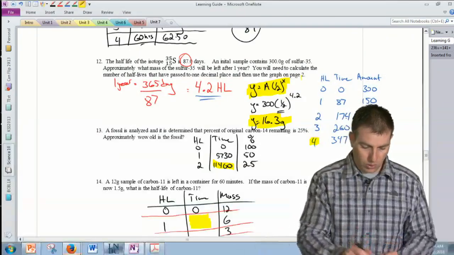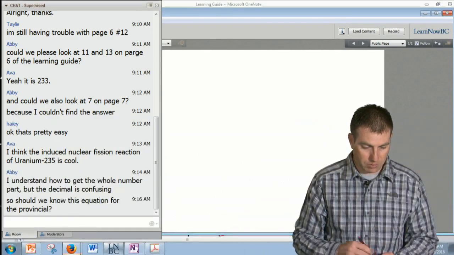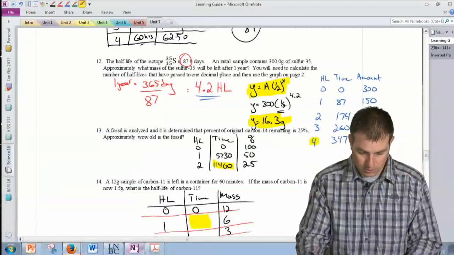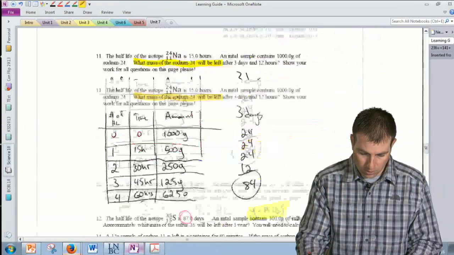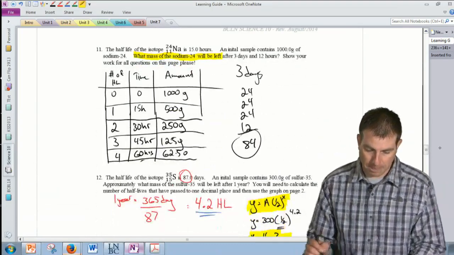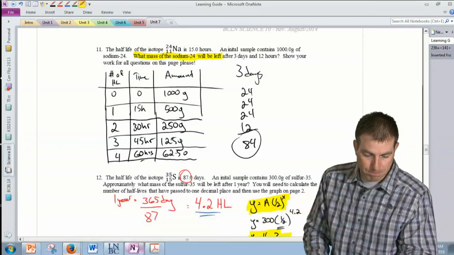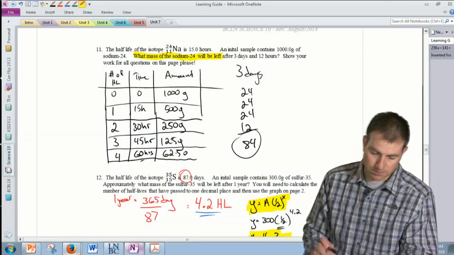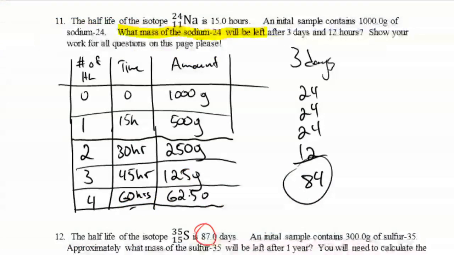There were a few other questions in chat. Number 6, page 12, 11 to 13 on page 6. Page 6, number 11. All right. The half-life of the isotope is 15 hours, and we're checking after 3 days, 12 hours. 3 days, 12 hours is 84 hours.